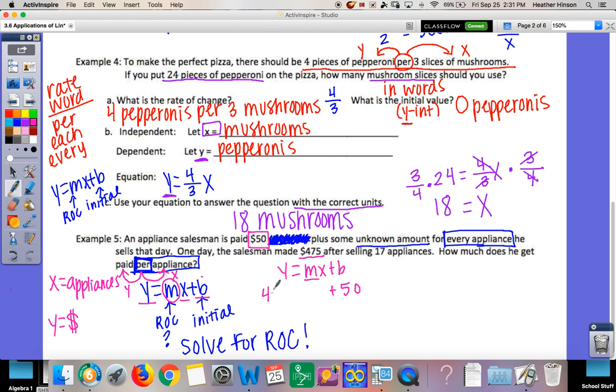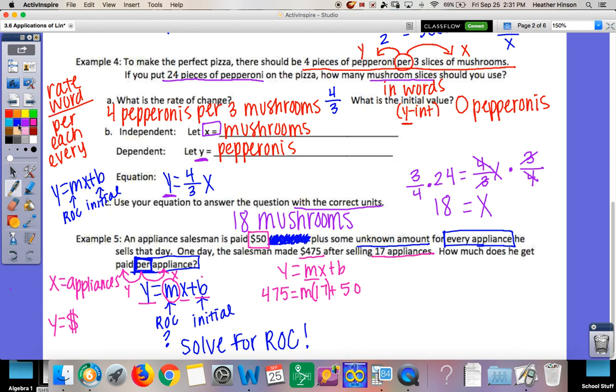So we plug that in to y, because that's your money. We're solving for m, so leave that alone because we didn't get a rate of change. But we need an x. X is appliances. So where does it tell us a number for appliances? Well, that $475 that he made, he got it for selling 17 appliances. So that's going to go into x.